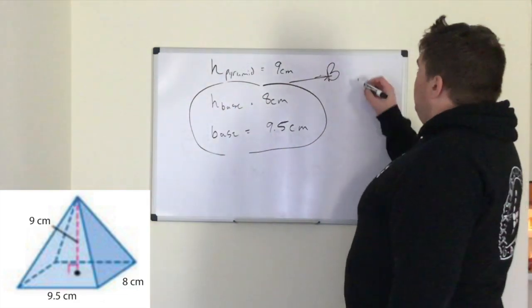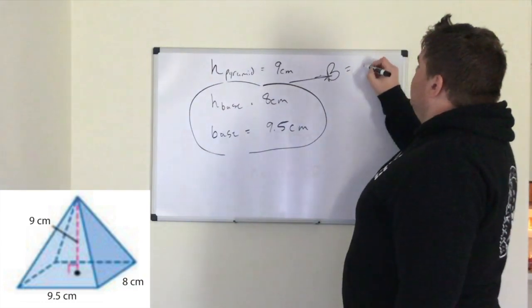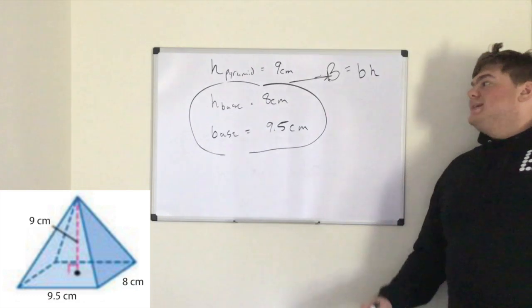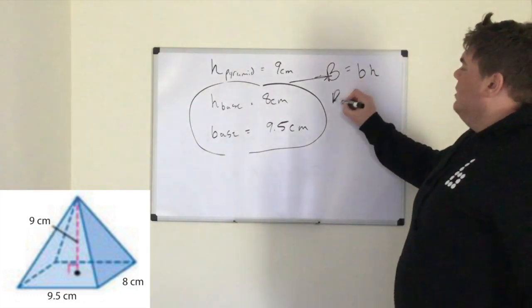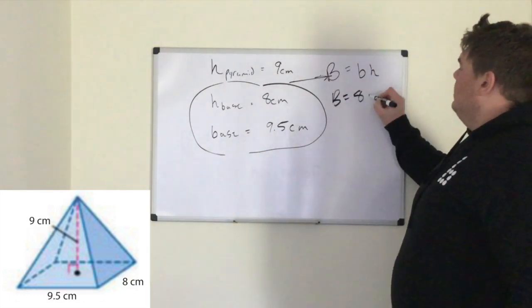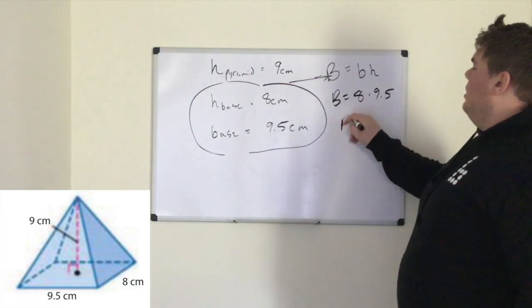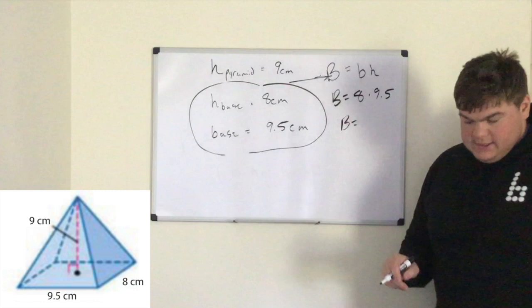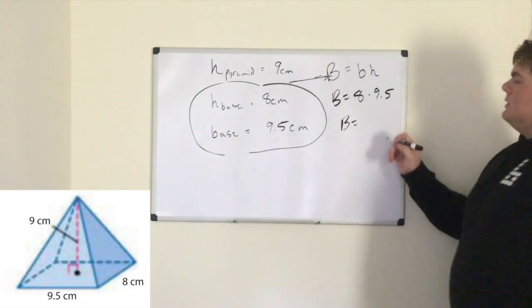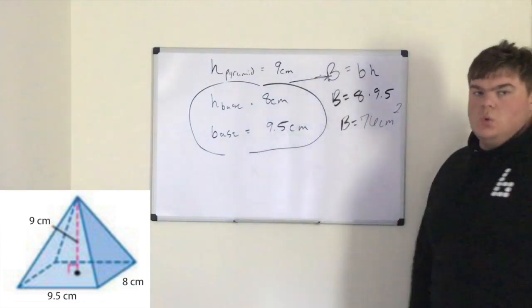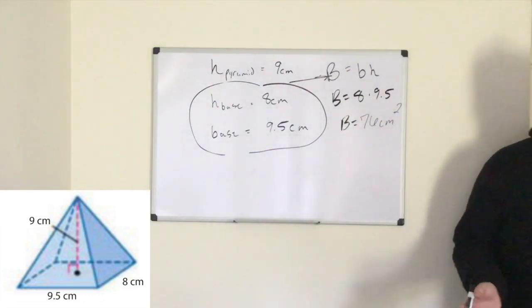So our area of a rectangle is just going to be base times height. In this case, we are just going to take our 8 times our 9.5. So that means our base is going to be 76 centimeters squared.